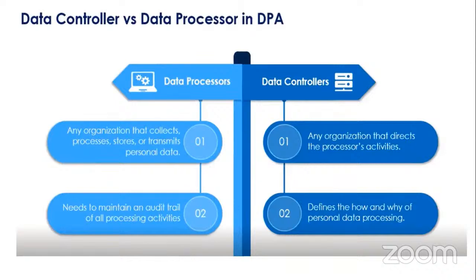These organizations need to maintain an audit trail of all the processes that have taken place with regard to the data that has been collected. They are the ones who ensure that the data was collected in the right way, stored in the right way, and who give rights and privileges on who should be able to access this particular data.